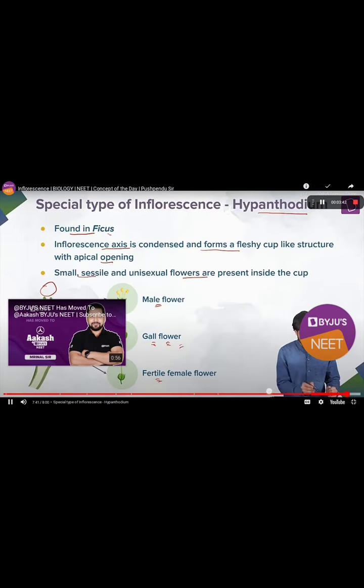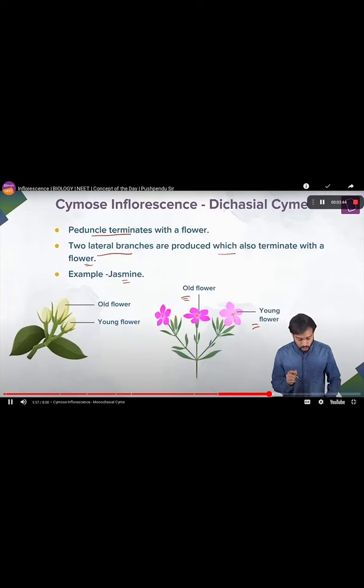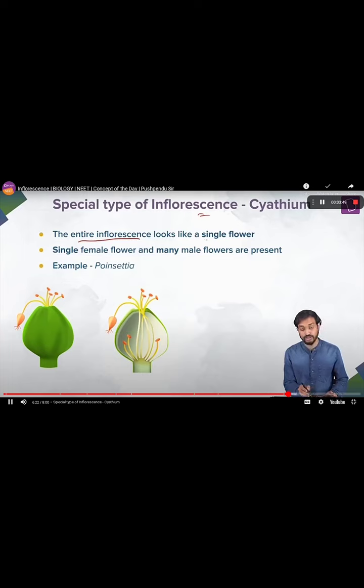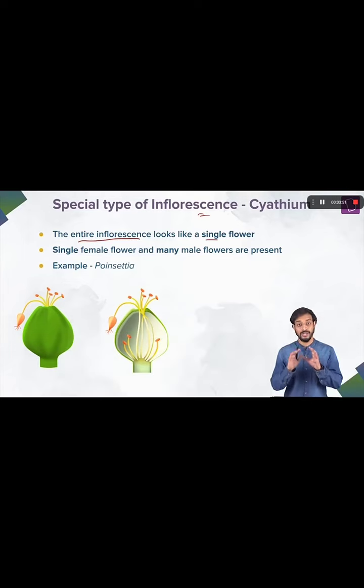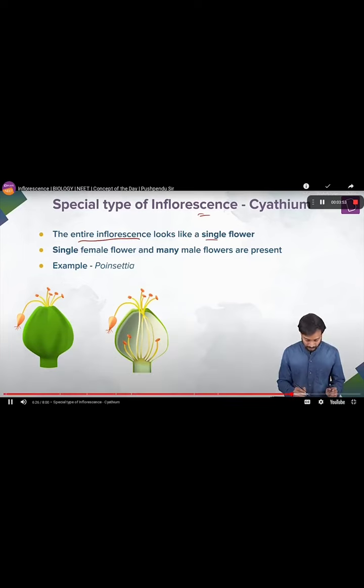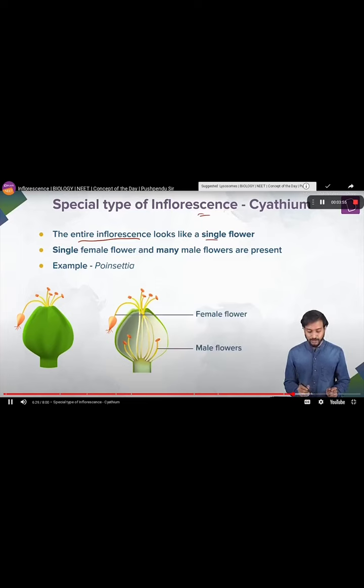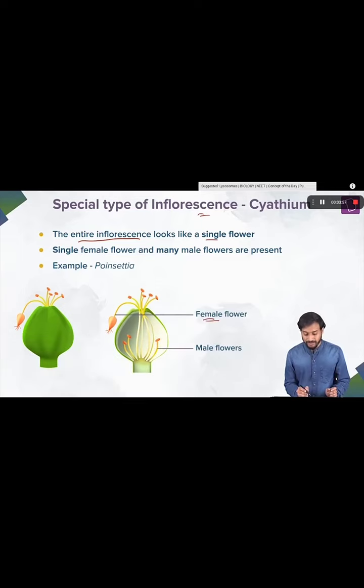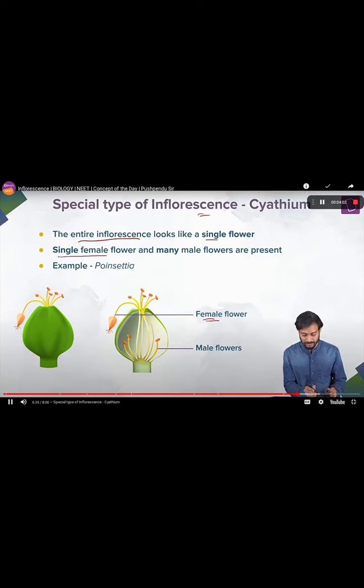So here, two lateral branches terminate in an inflorescence that looks like a single flower. The entire inflorescence looks like a single flower. Look here: single female flower and many male flowers are there.